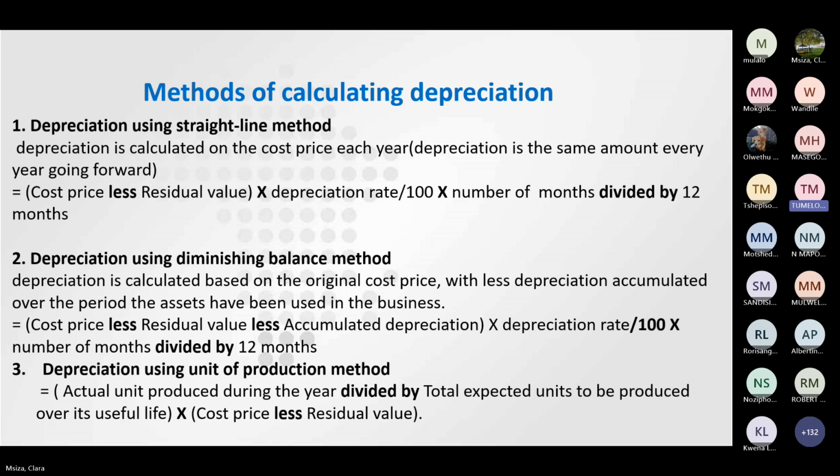With the diminishing balance, I thought we were going to take the 80,000, then subtract the 36,000, and we were going to get, is it 44,000 or something? I want the profit or loss amount for the diminishing balance method.